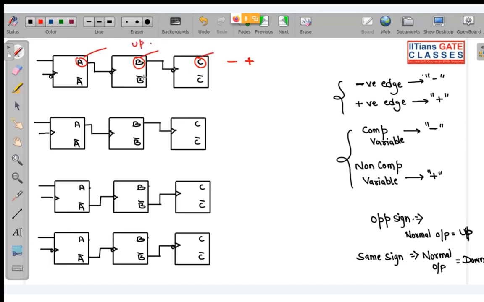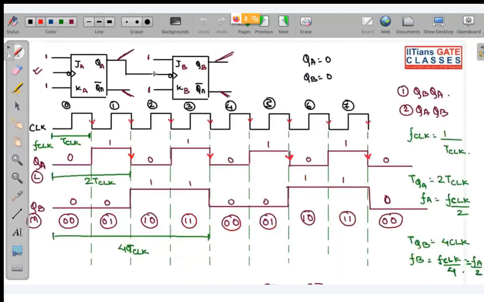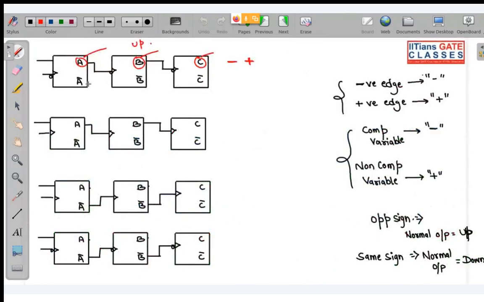So in the first example, you can see, in the second example, you can see I have taken output from your non-complemented variable and it is negative edge. So that is why if I had taken this as my output, it was acting as your up counter, 0 0, then 0 1, 1 0, 1 1. So this is up counter. Similarly, if you take output from this complemented, so this will be down.